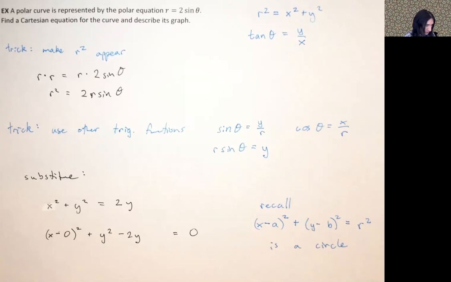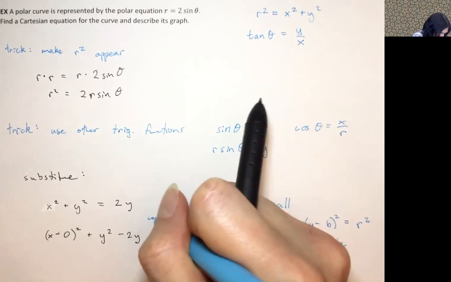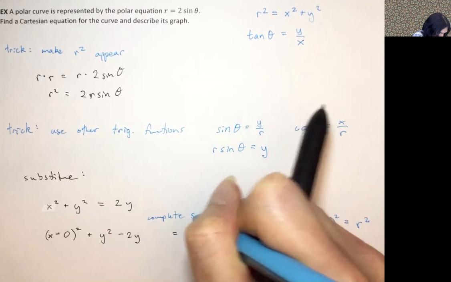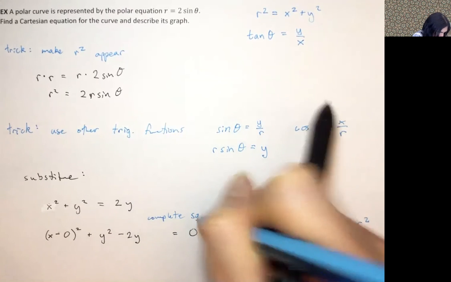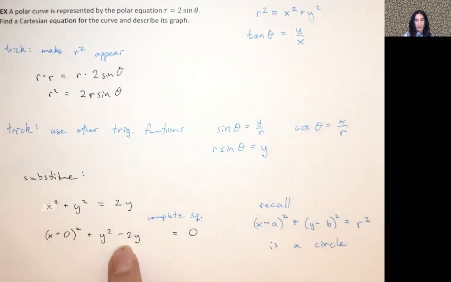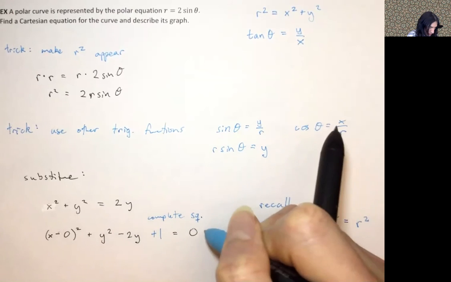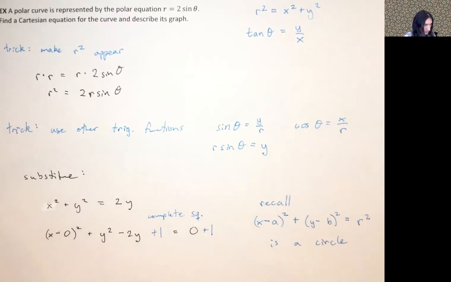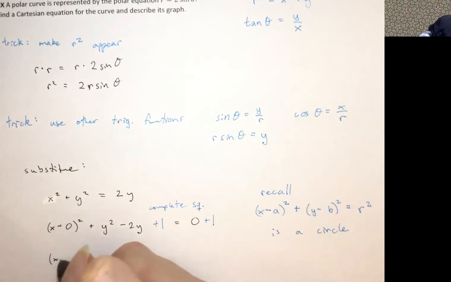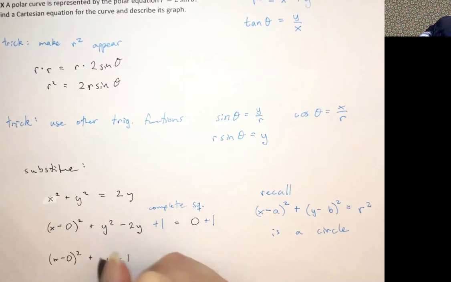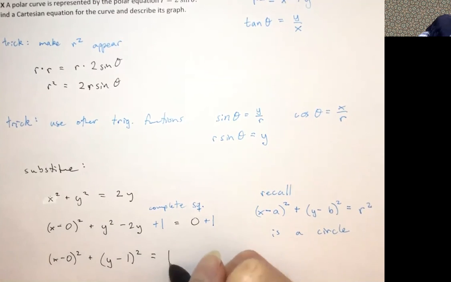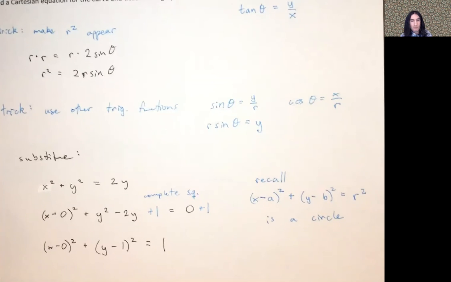So how can I complete the square? I think that should be an obvious one, right? We'd actually want a +1 here and here. So we're looking at y minus 1 quantity squared equal to 1.